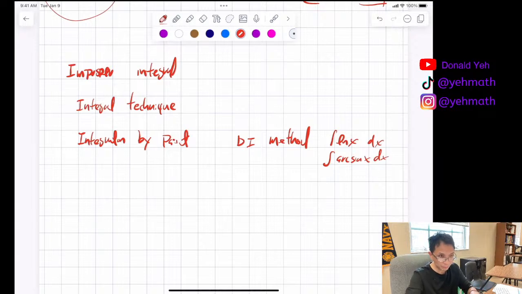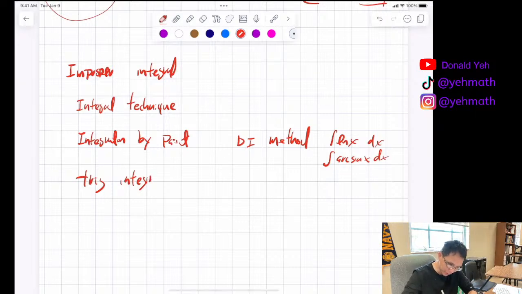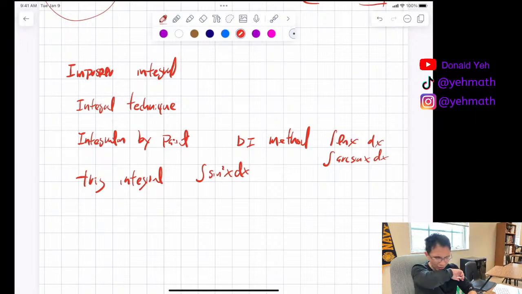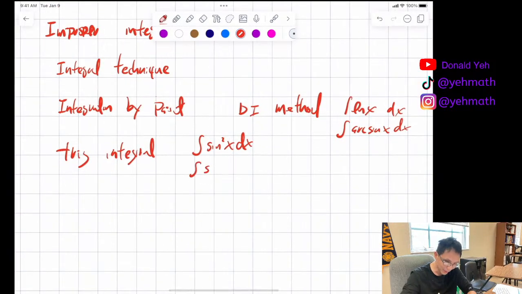8.3 is trig integral. So what is trig integral? It is like integration of, say, sine square of x dx, or sine to the 7 of x cosine of 4x dx.